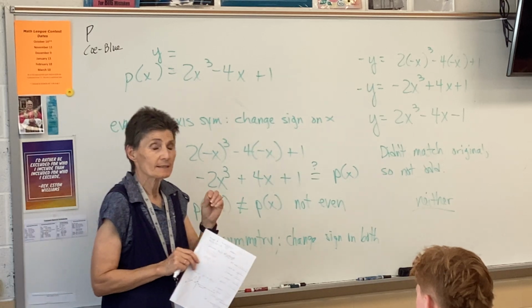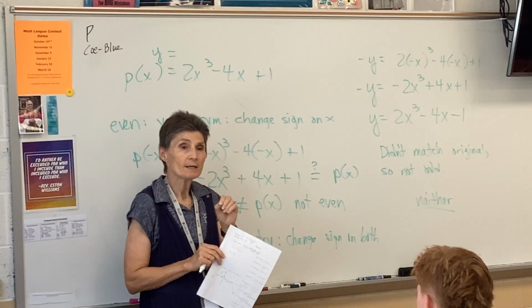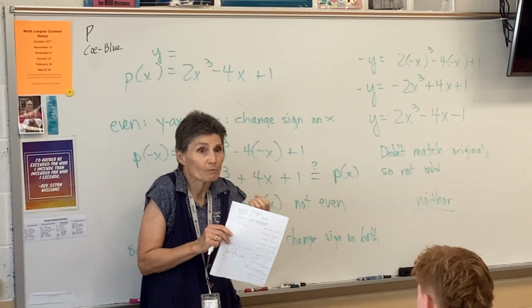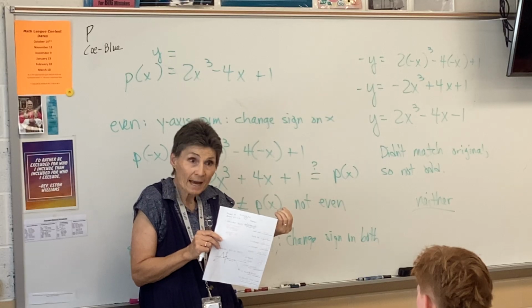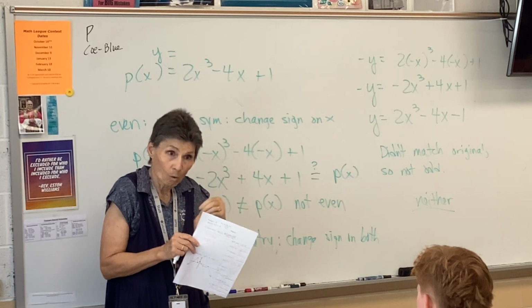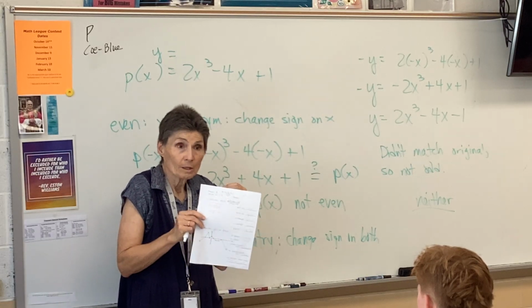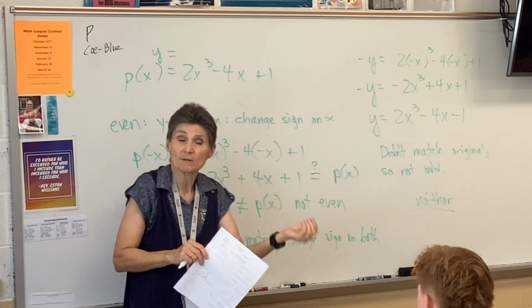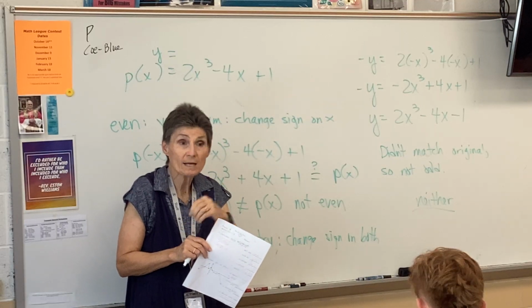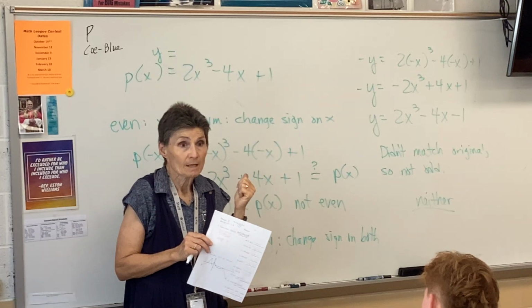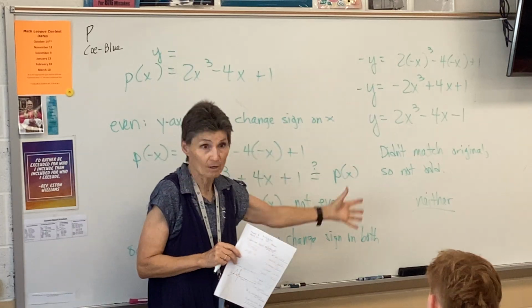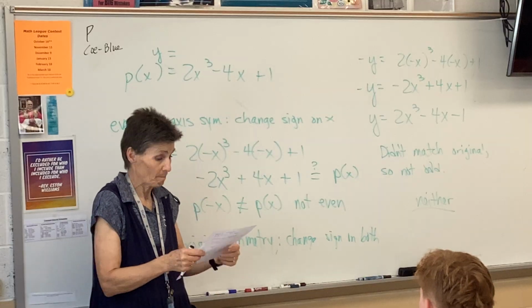You haven't checked for all symmetries. You checked for only y-axis and origin. So it has no y-axis symmetry, it has no origin symmetry, but you didn't check for other things. I have to see that kind of work.